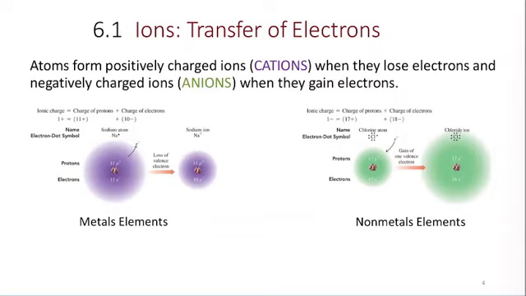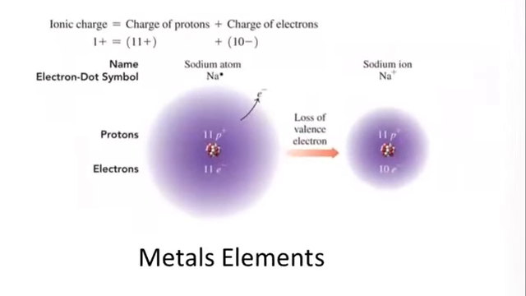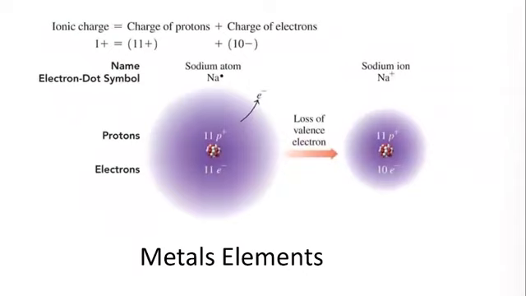Now, as you can see here in the following slide, and I mentioned a few moments ago, metal elements are what we mostly see forming these cations. Here we have the example of sodium.